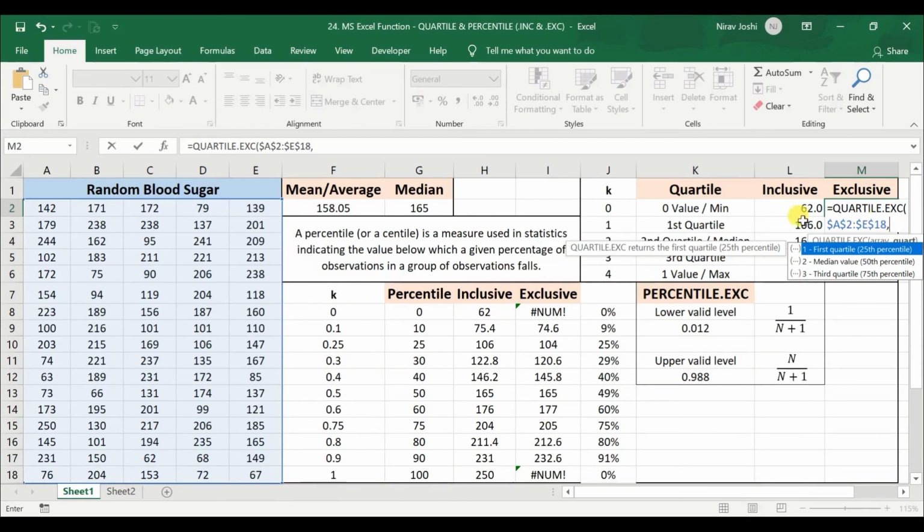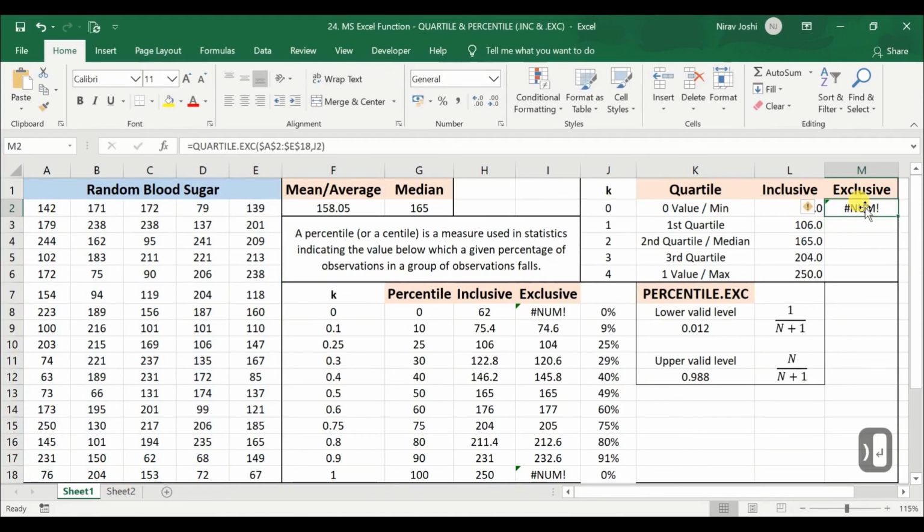So for calculation of this one, we will still use this 0 value from this reference range, press enter and drag it down. So by this we get this value that corresponds to the 25th percentile. This one is the median. The median would be the same in both calculations, and the third quartile corresponds to this 75th percentile by this exclusive method in percentile as well, and it will show an error for both the 0 value and the 4 value.